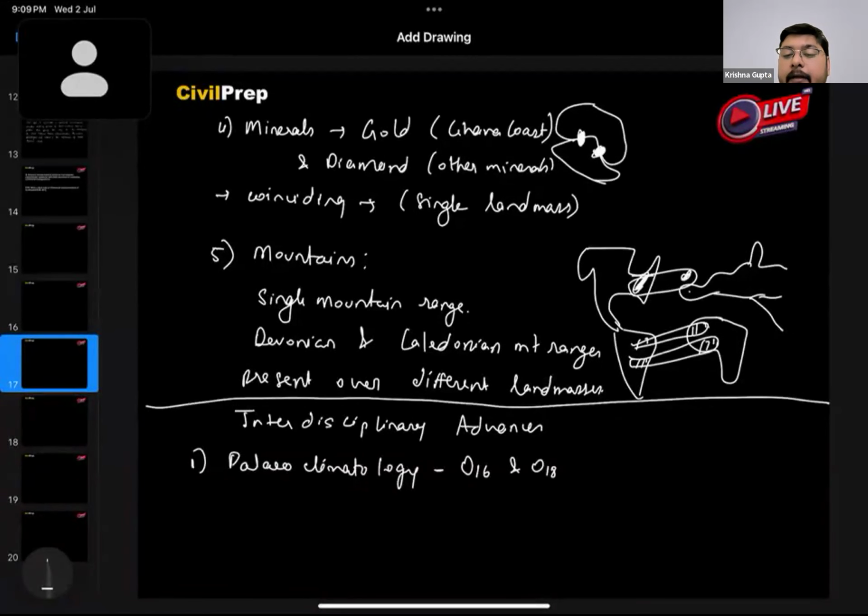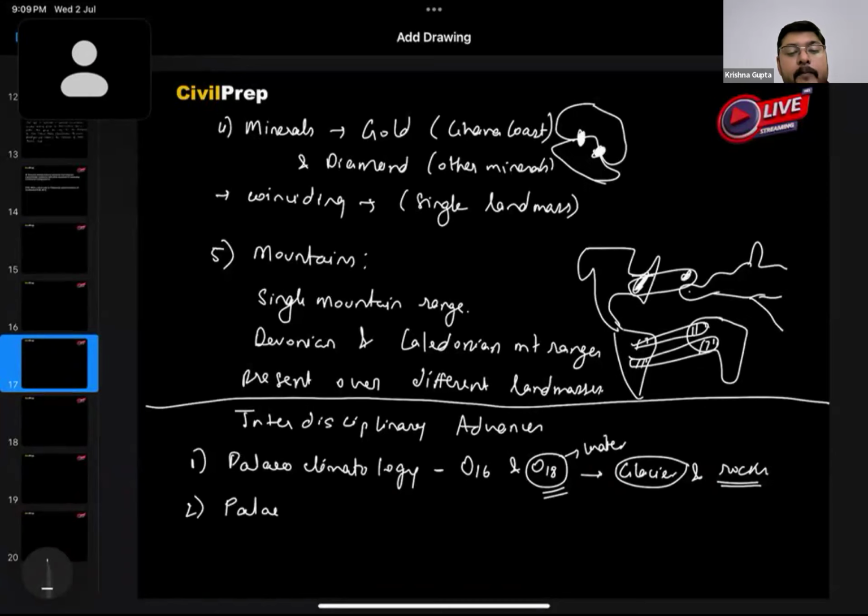Almost around 200 million years ago, there was a high presence of O18 in the water. This water became the part of glaciers. And now these glaciers and sedimentary rocks consist of more O18 isotope, which signifies that this event of continental drift has taken place.